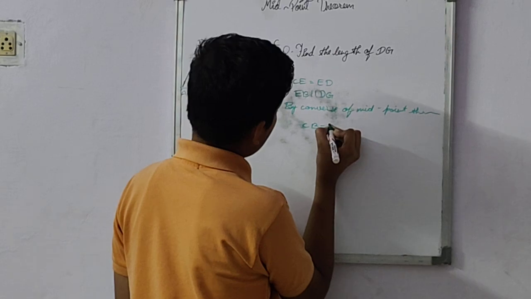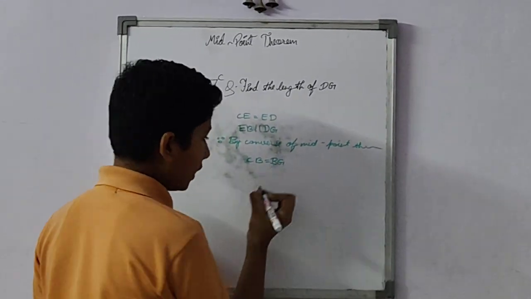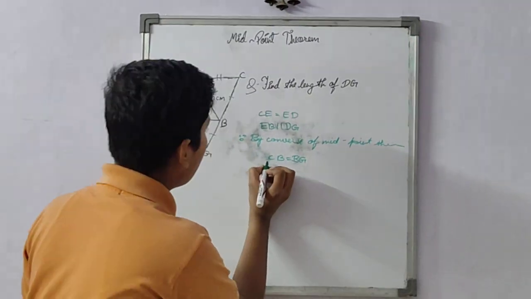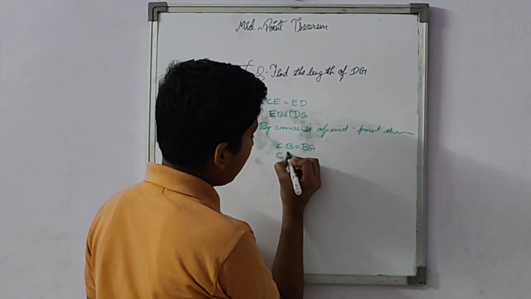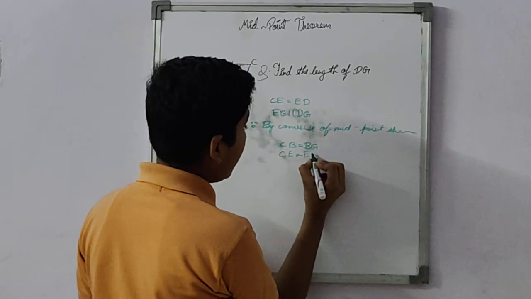CB equal to BG. And it is already given CE equal to ED.